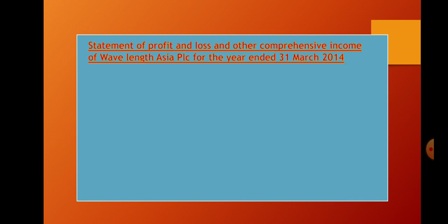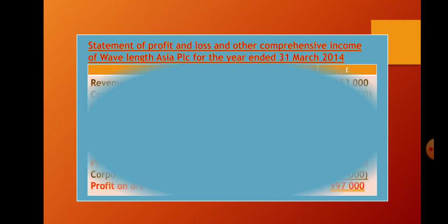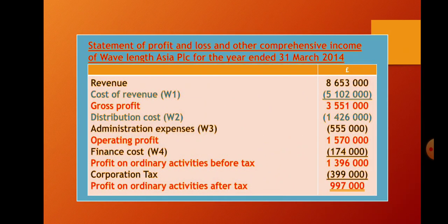Now let us come to the preparation of statement of comprehensive income. As you all know, we are preparing according to international accounting standards. So we need to be specifically writing these terms on the heading also, like statement of profit and loss and other comprehensive income of Wavelength Asia PLC for the year ended 31st March 2014. Now let us look into the format.